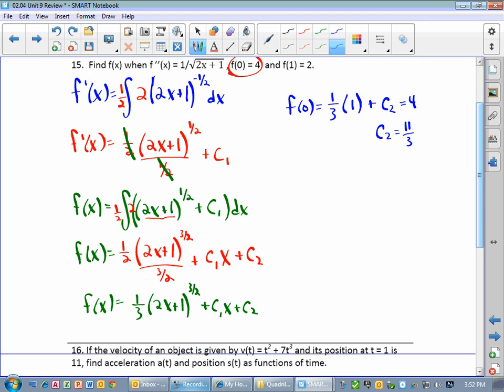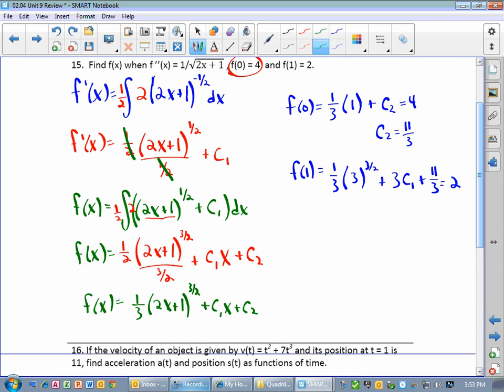Okay. We're also told f of 1. So f of 1, if we plug in, we get 1/3 times 3 to the 3 halves plus 3c1 plus c2, which we already know is 11/3. And this is equal to.